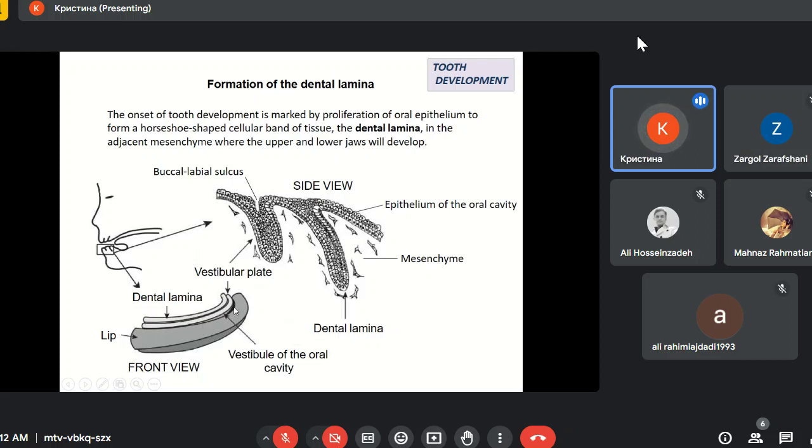So this space is called the vestibule, and it starts to be formed here in this picture. And the second invagination is called the dental lamina. It is here in this picture, and here in this also. So this is the invagination of the epithelium as the result of proliferation of the cells into the underlying mesenchyme.